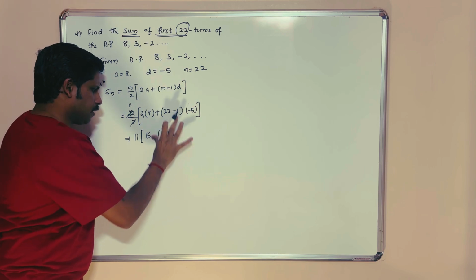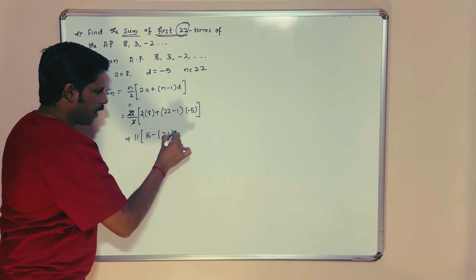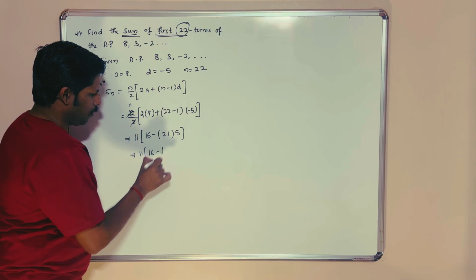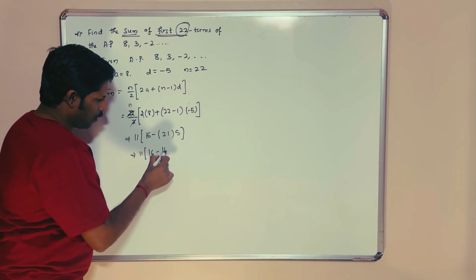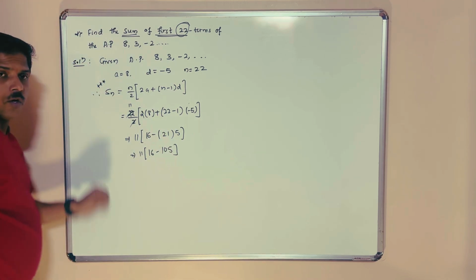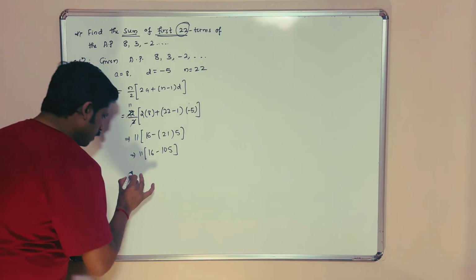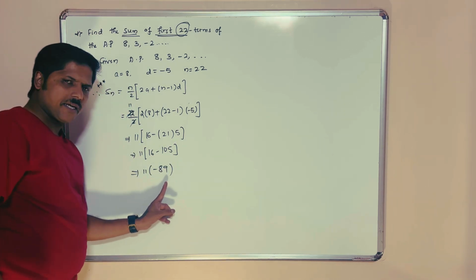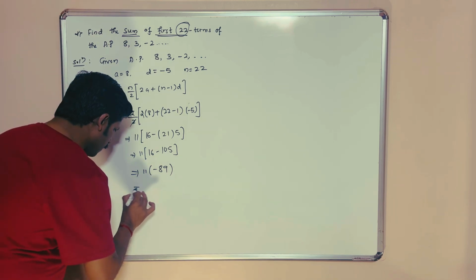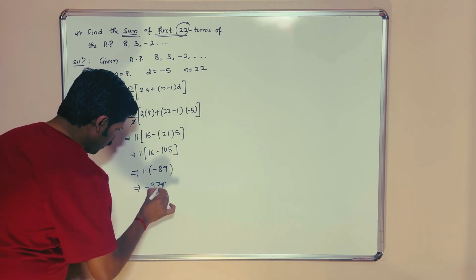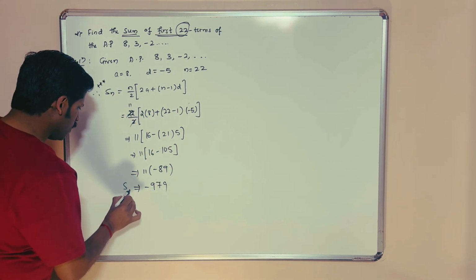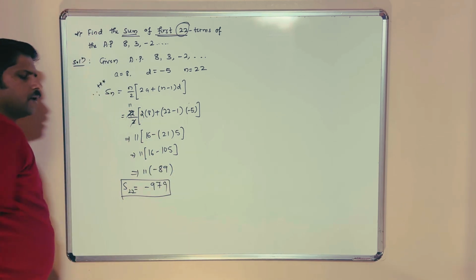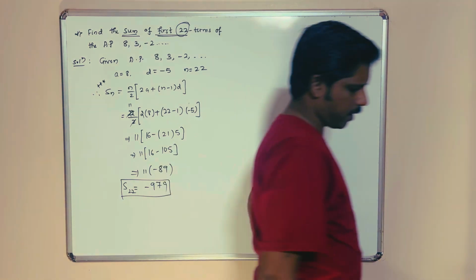Plus into minus is minus, 21 fives are 105. So 16 minus 105 gives 11 into minus 89. Minus 89 into 11 is minus 979. So the sum of the first 22 terms is minus 979. Write it down.